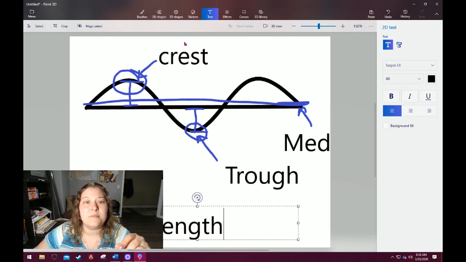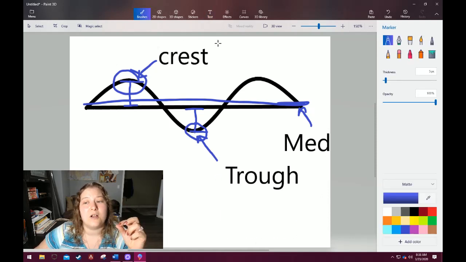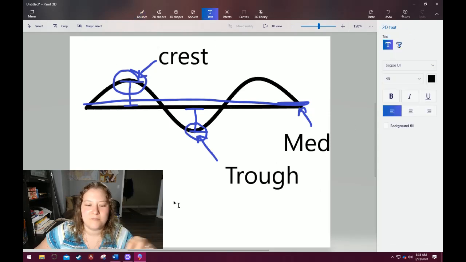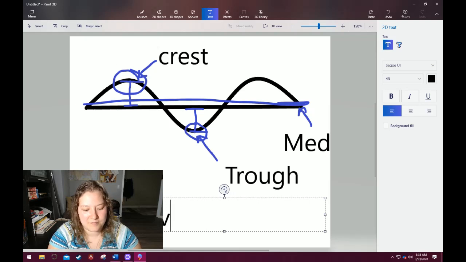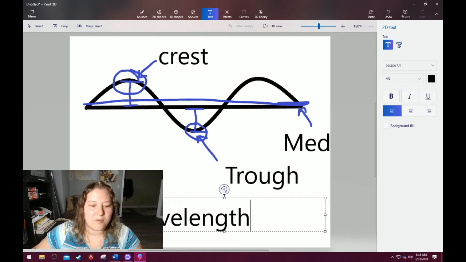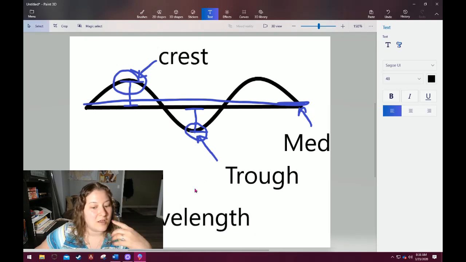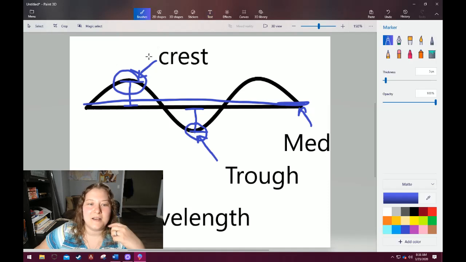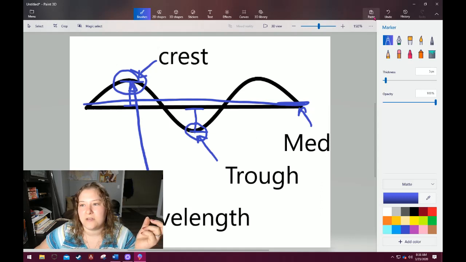The measurement of a wavelength is defined as one crest to one crest. Let's make it a different color, that way you guys can understand.